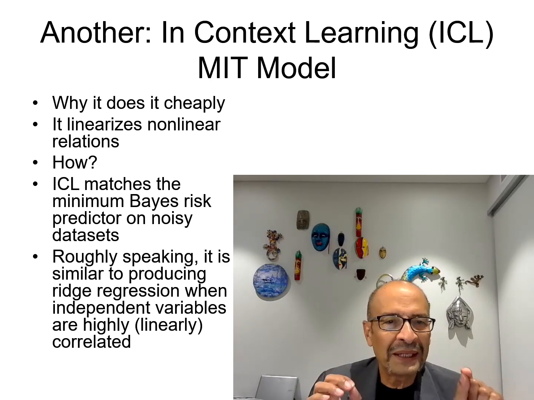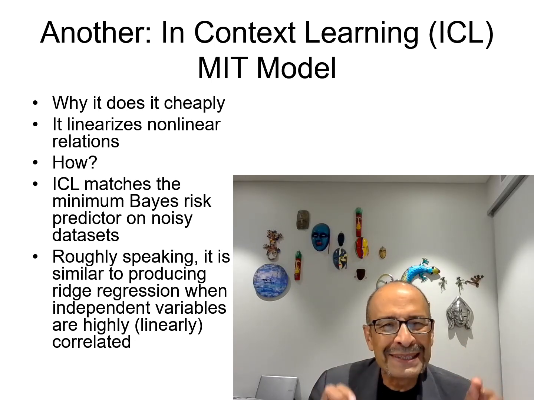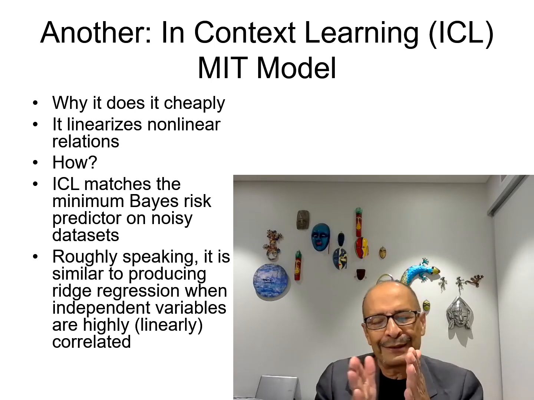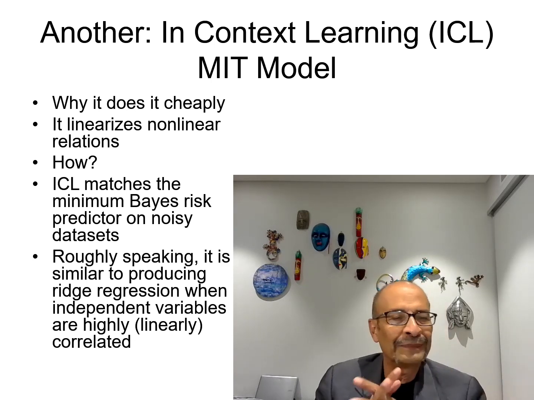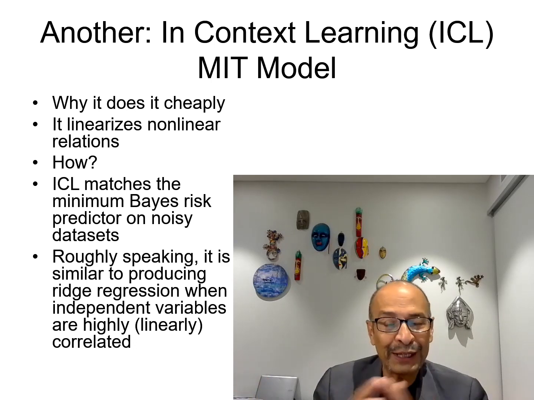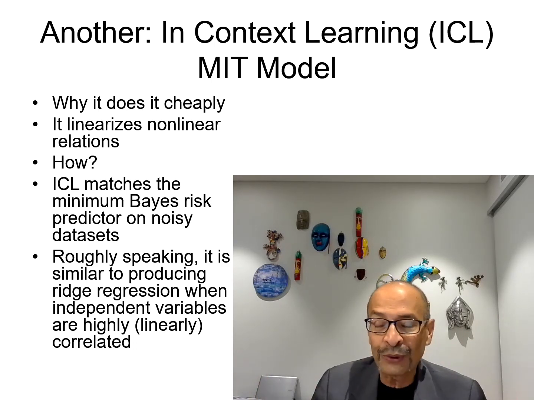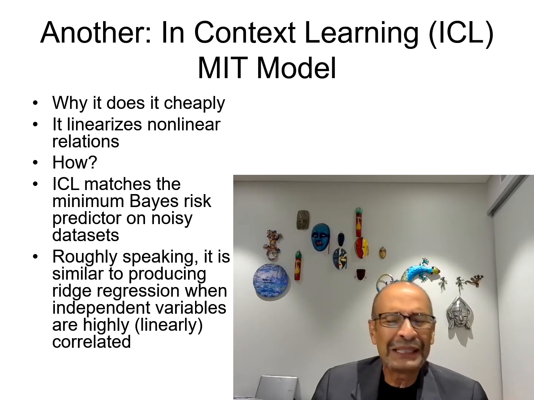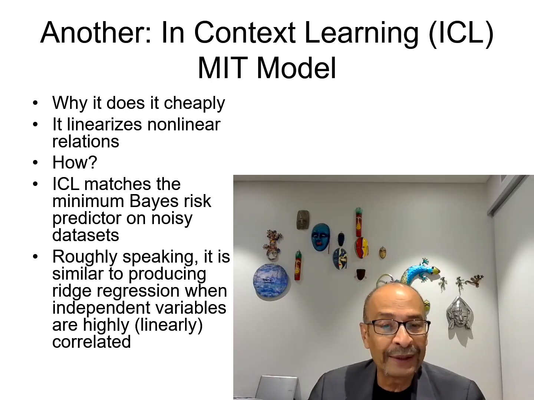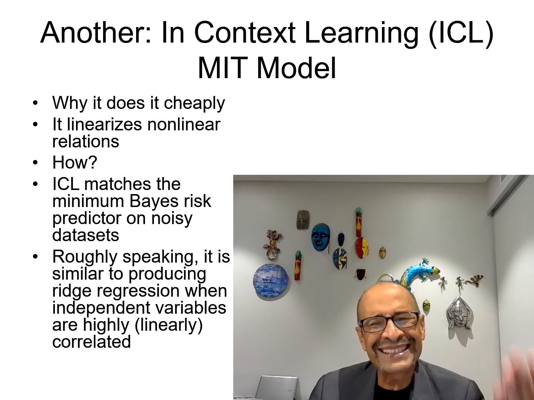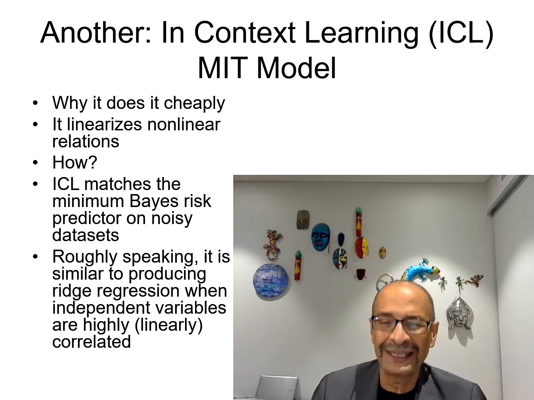So technically speaking, the in-context learning, or ICL, matches the minimum Bayes risk predicted on noisy data sets. And that's a mouthful. So roughly speaking, if you think of a regression model where the independent variables are highly linearly correlated, what do you do? Traditionally you drop one variable and then run the model again. A better approach is to run what is called a ridge regression. So this is in a sense parallel to that kind of ridge regression idea in a different context.